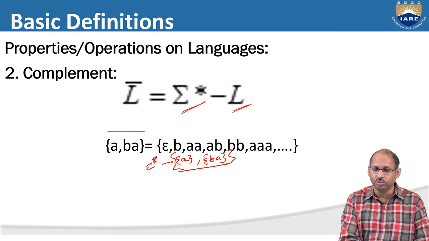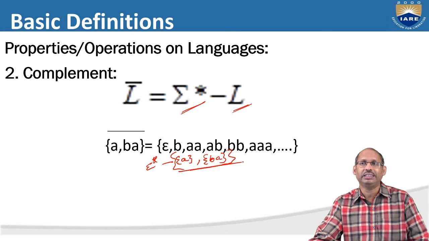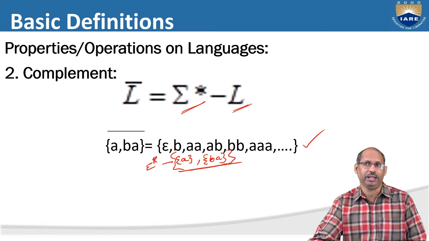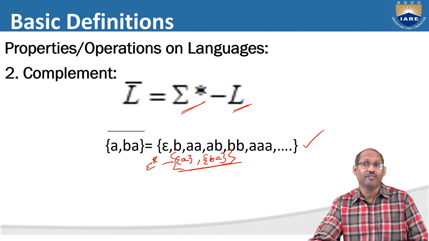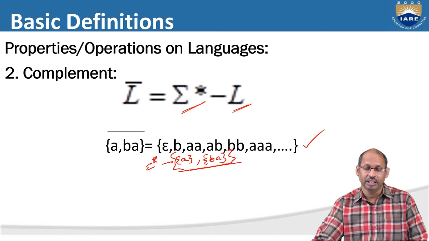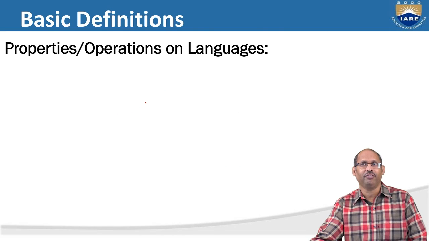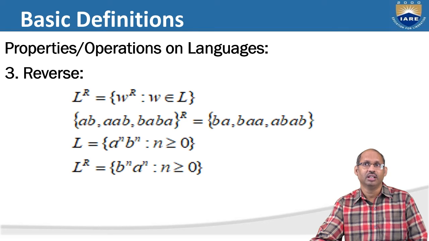Except these two, all the strings will be in the complement. We are just removing the two strings A and BA, which results in the complement of the language L. The star closure of the alphabet minus L results in the complement of language L.